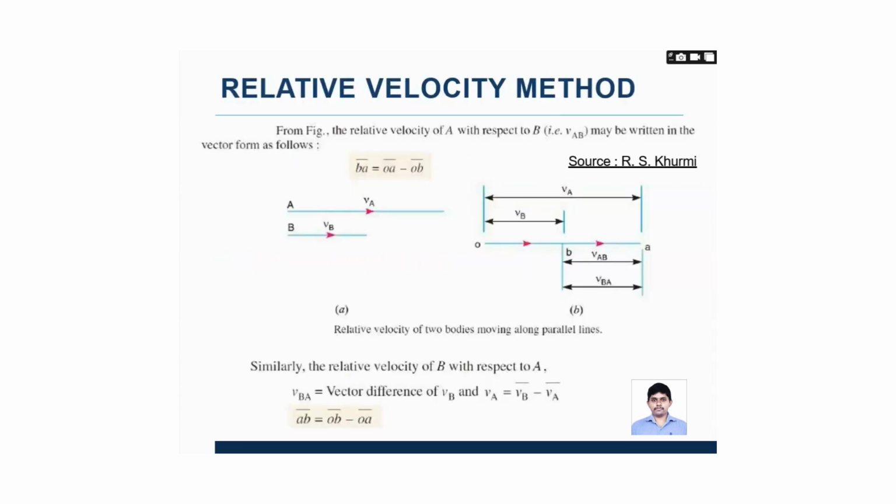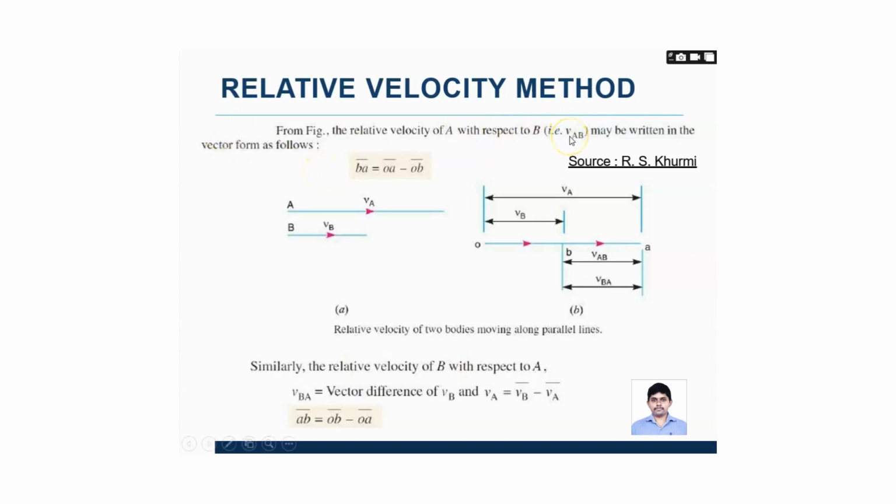Here is the procedure for how to calculate the velocity for the given mechanism. Here we have points A and B, with vectors. How do we represent the relative velocity of A with respect to B? It is V suffix AB, which means A depends upon B, written in vector form.